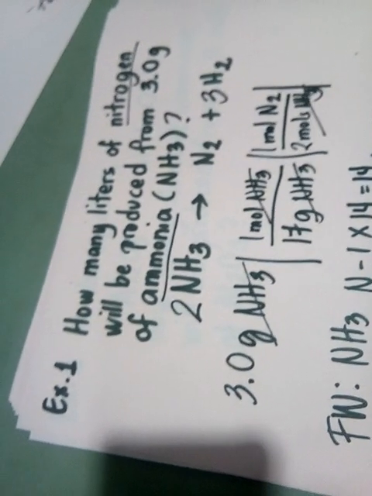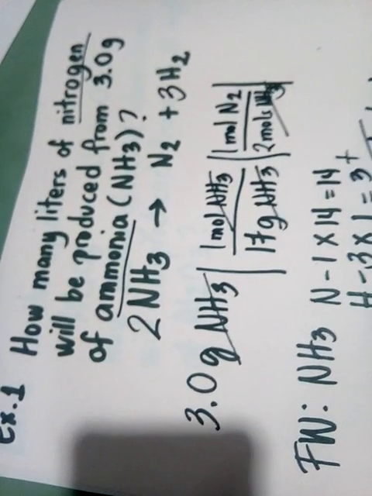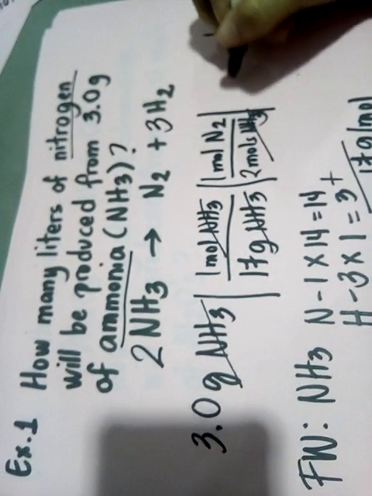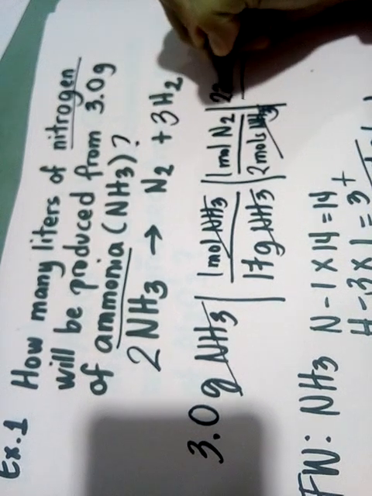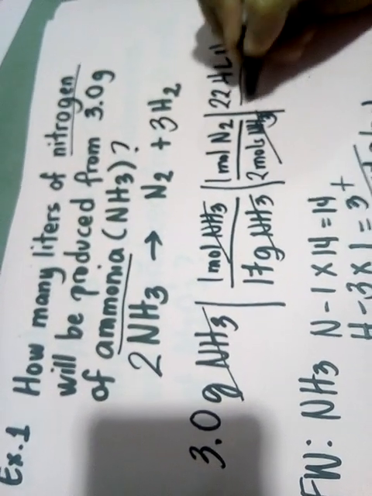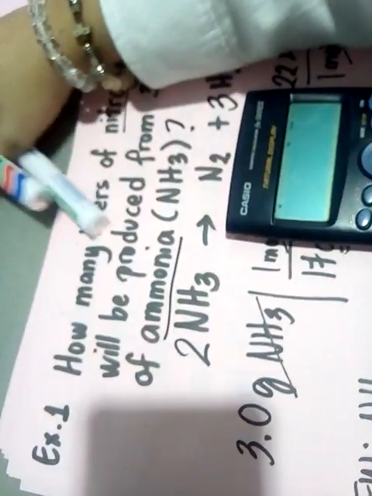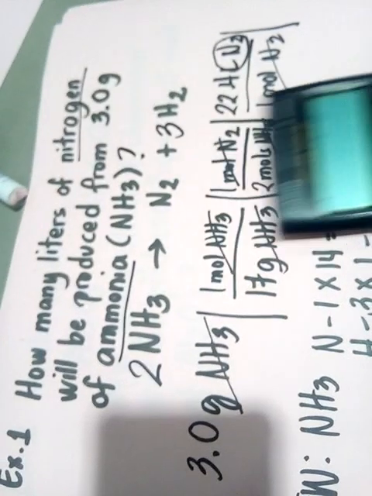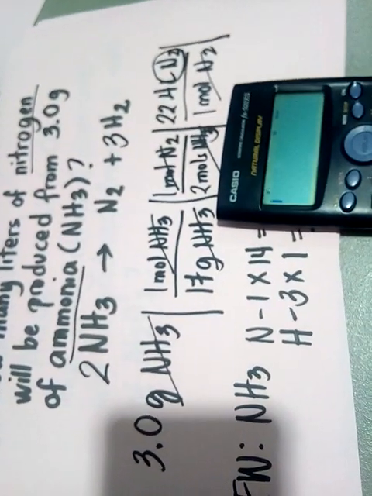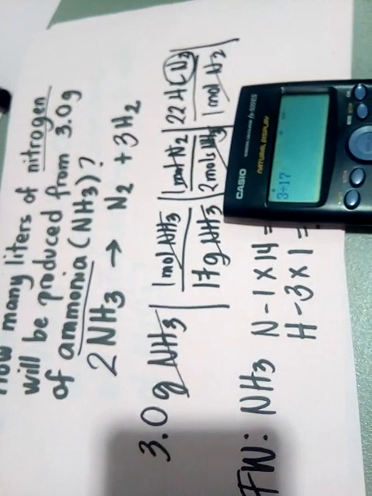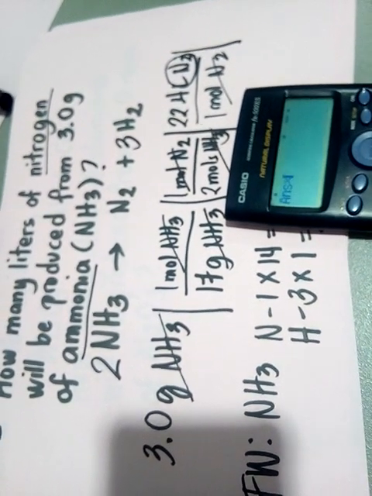Therefore, we assume that this is at STP. At STP, there are 22.4 liters of gas in 1 mole. So there's 22.4 liters of nitrogen in 1 mole of nitrogen. So you now have your unit in liters of nitrogen. Now you encode in your calculator: 3 divided by 17 divided by 2 times 22.4.